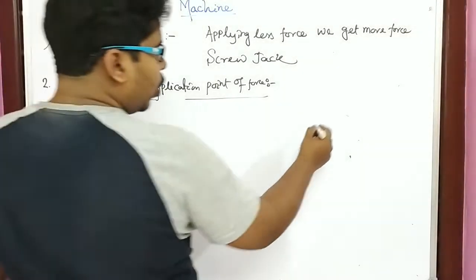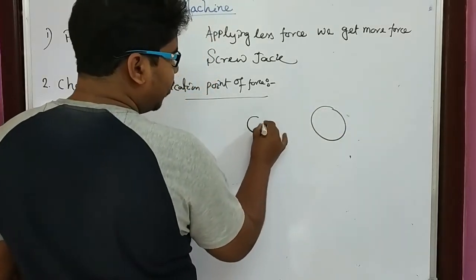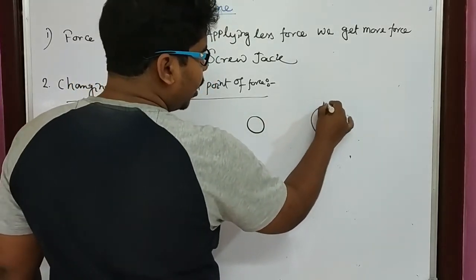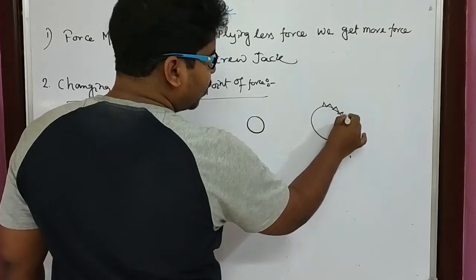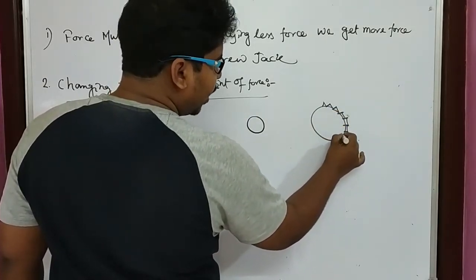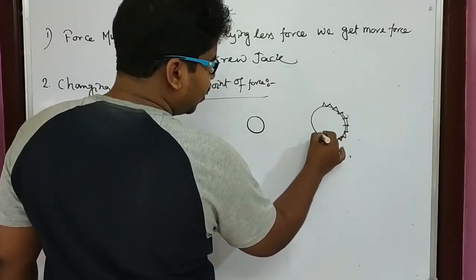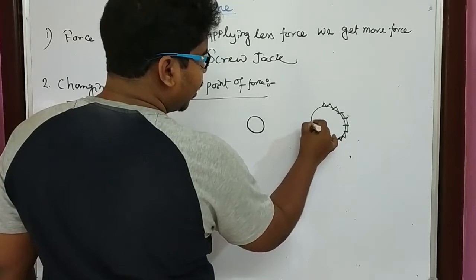Example, we all use a cycle. In a cycle there are two types of pinions. Pinion means a metal wheel having metal teeth. This type of teeth we have seen.